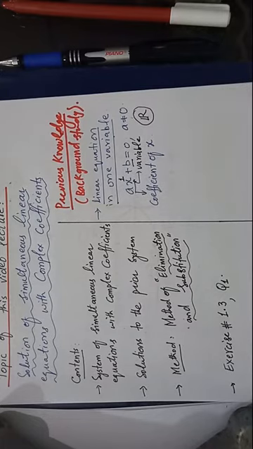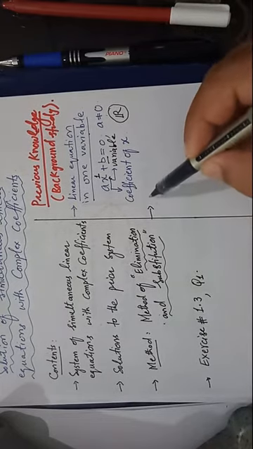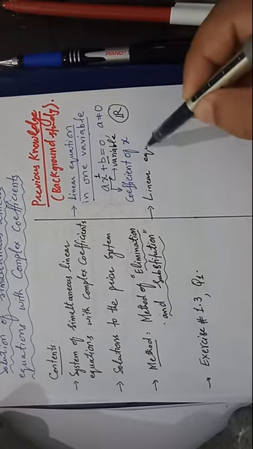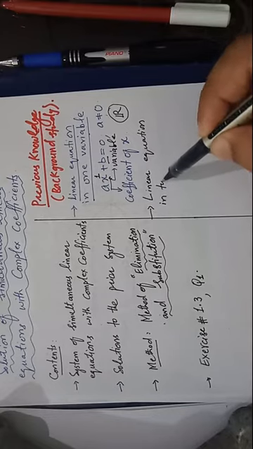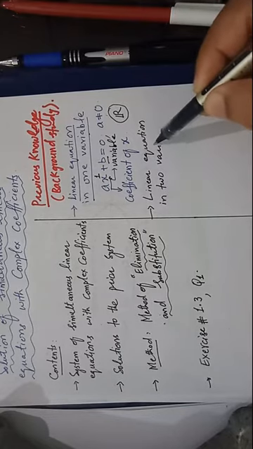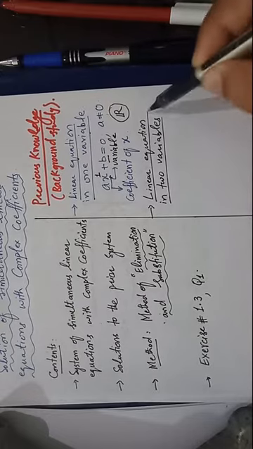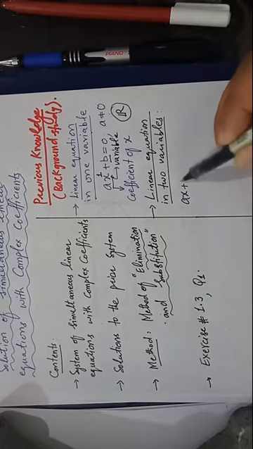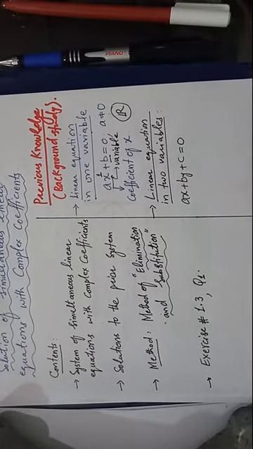Now after that you may know linear equation in two variables. This is ax plus by plus c equal to 0.